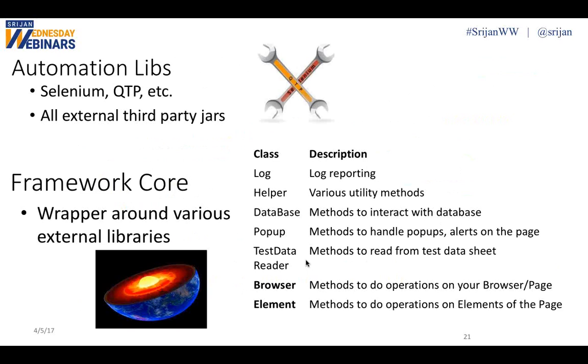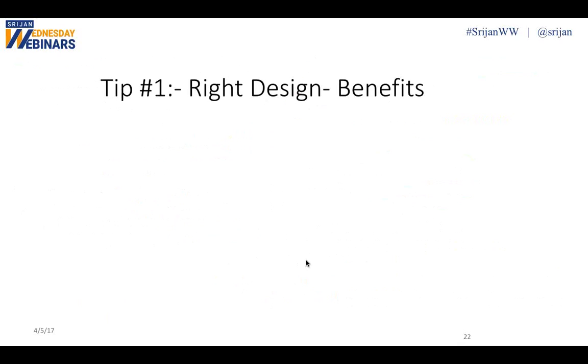Unless your automation test case logs that I'm clicking here, I'm entering this data, now I'm navigating to this page, when you get the automation report, how will you know what happened in the test case? By having a layer like this, you can do that logging or take care of some exceptional conditions in this framework core layer.